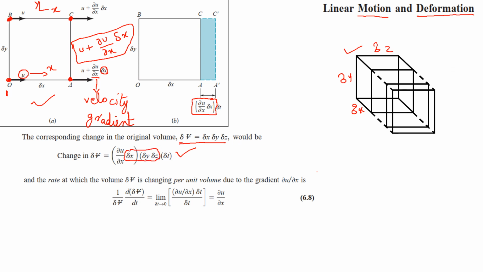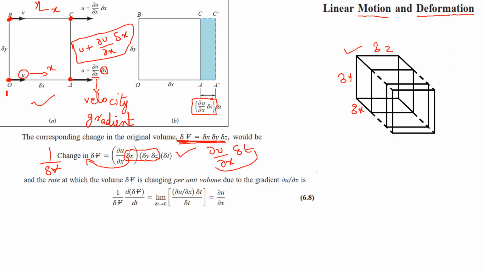These terms are equal to delta v, we already know, and we will take this to the left hand side of this equation. So we will get 1 over delta v on the left hand side, and we will be left with partial u over partial x delta t on the right hand side.